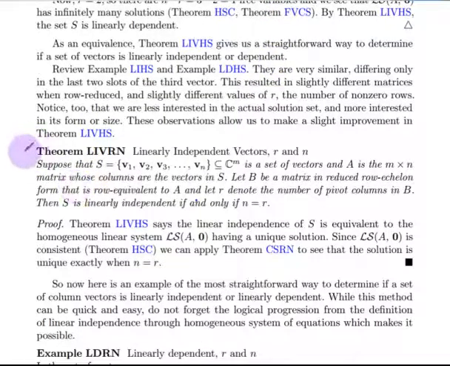So we're going to formalize that observation in this theorem. Suppose I have a set of vectors, and A is the m by n matrix whose columns are these vectors. Let B be the matrix in reduced row echelon form that's row equivalent to A. Let R be the number of pivot columns. Then S is linearly independent if and only if n equals R. And what that means is no free variables.